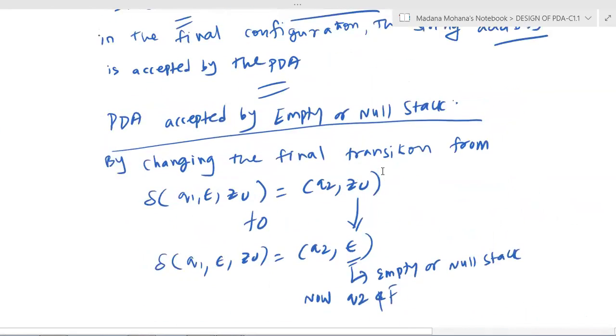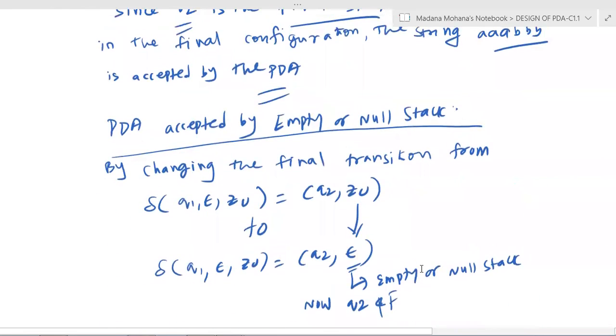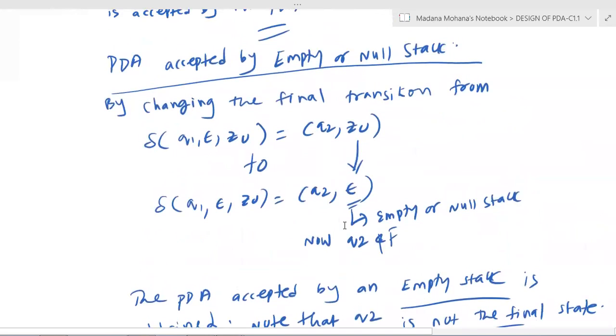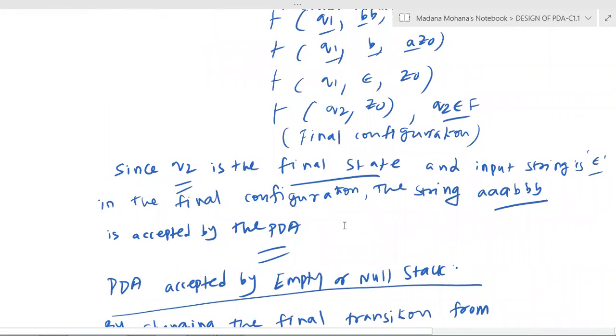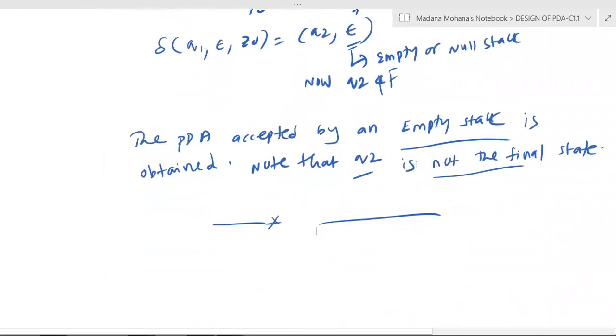So if the problem is to construct a PDA accepted by empty stack or null stack, the last step we have to follow: first construct a PDA which accepts by final state. At that time, the last transition you can keep the same. That means Q2 should be the final state. Then the stack contains the initial symbol.